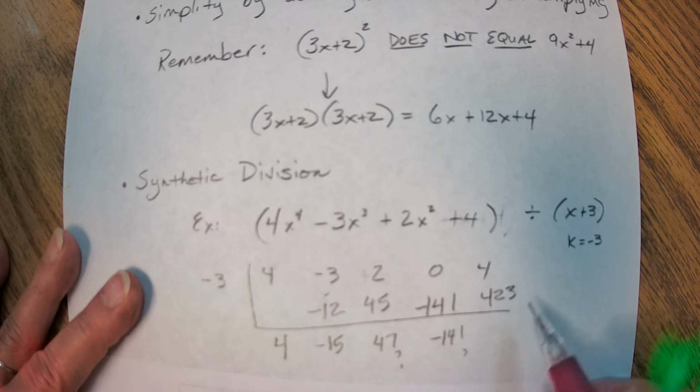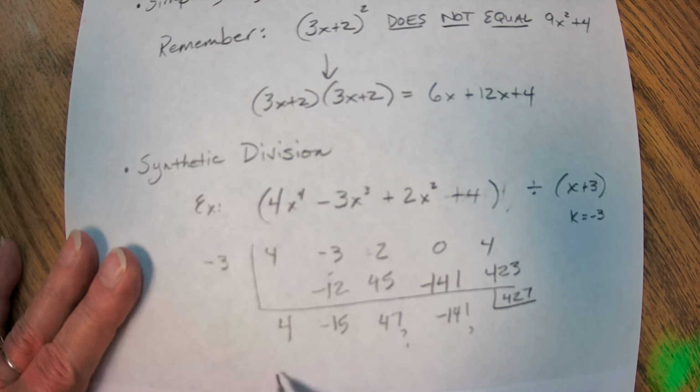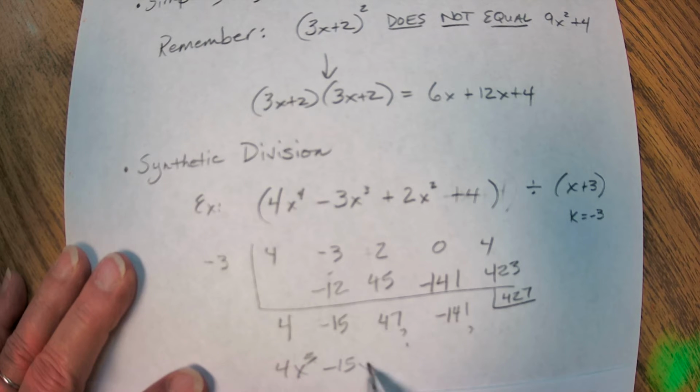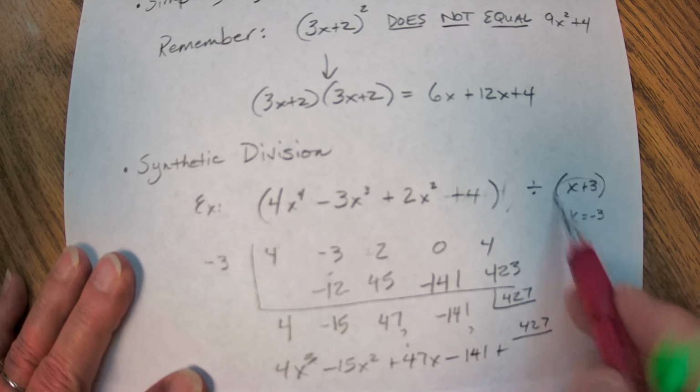Yeah, I just made this problem up, obviously. So then your answer would be written 4x cubed. Remember, it's one less than what you started with. And then you put the remainder over what you divided by.